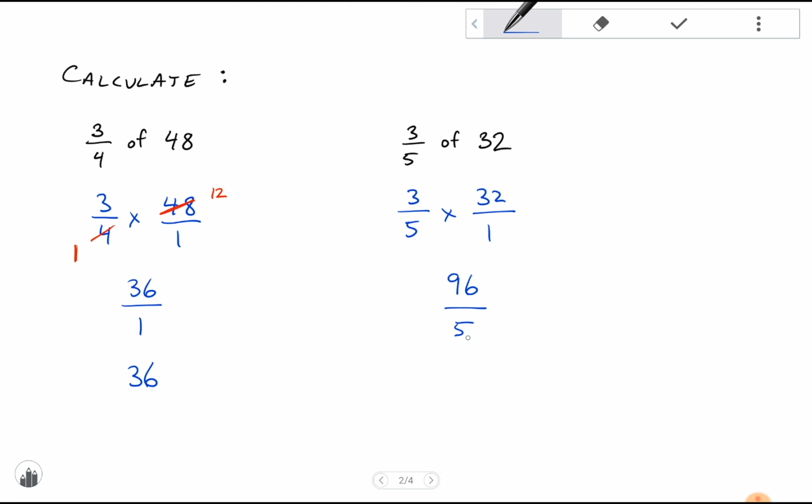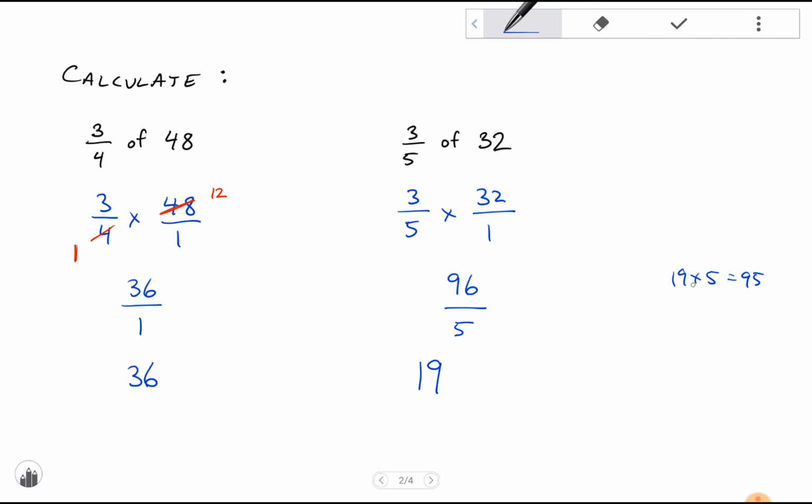96 is definitely far greater than 5. So let's take this improper fraction and make it a mixed number. So what we need to figure out is how many times does 5 go into 96? Quite a few. And 19 times 5 would give us 95. 19 times 5, I write that over here, will give us 95.